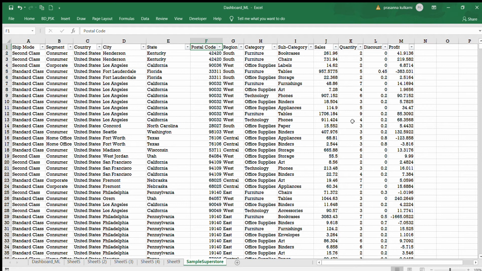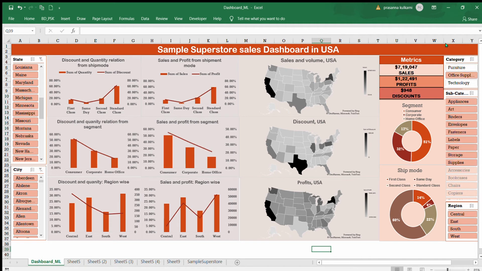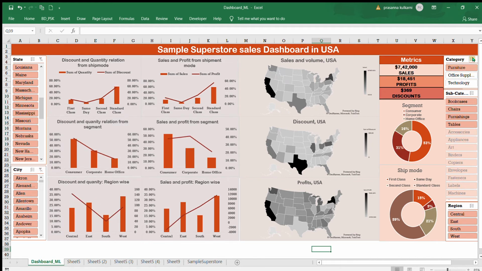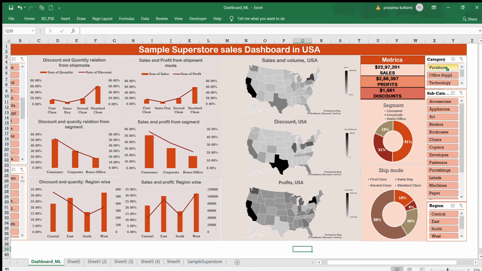And let's try to do the exploratory data analysis by visualizing this in a whole dashboard manner. Here in this dynamic dashboard, we can go through any category, whether it might be furniture, office supplies, or technology.